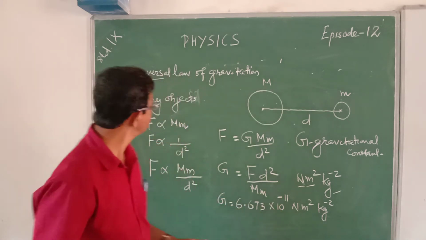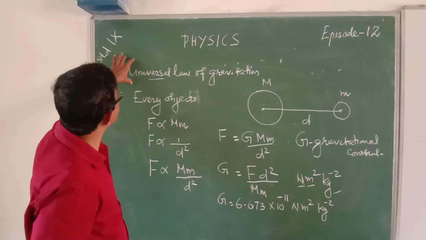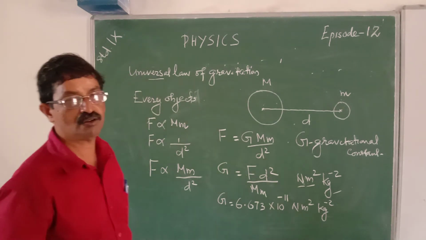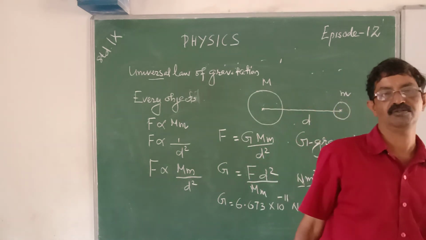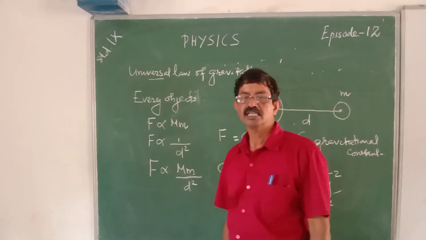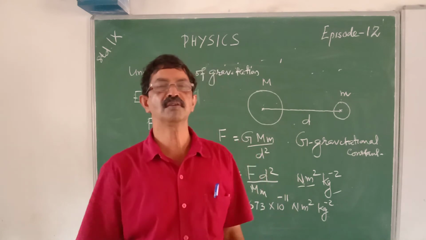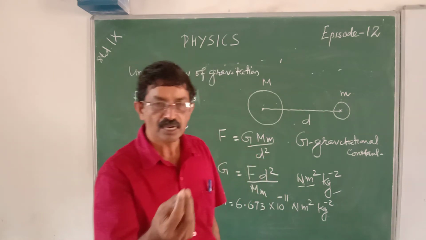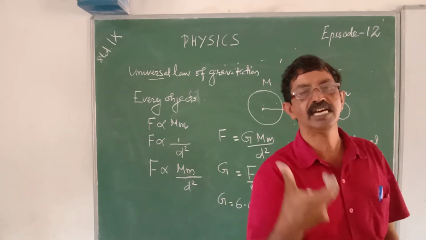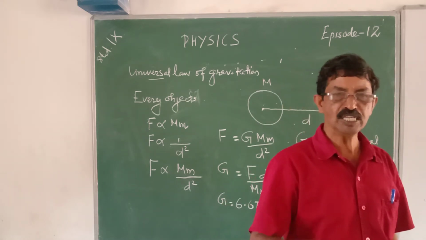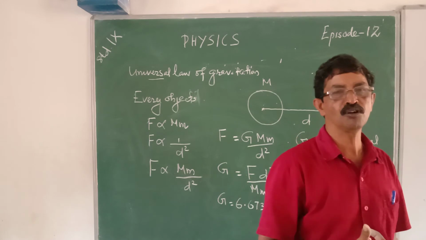Now see, this law is called a universal law. Why is this law called a universal law? Because this law is applicable for bodies that are very small and bodies that are very large. That means bodies can be small or big.